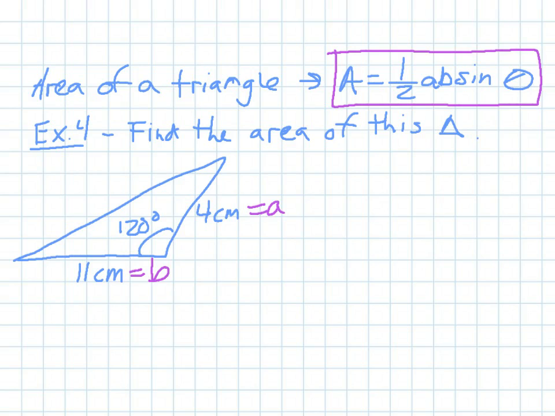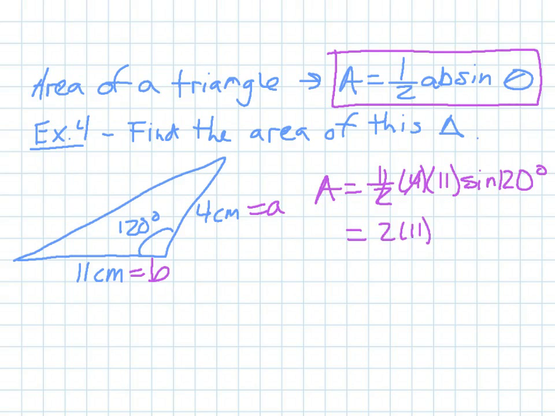So the only way to find the area of the triangle given this information as of right now is to plug it into this formula. So I have 1/2 times A value of 4 times the B value of 11 times sine of 120. Okay, so now 1/2 times 4 gives me 2.